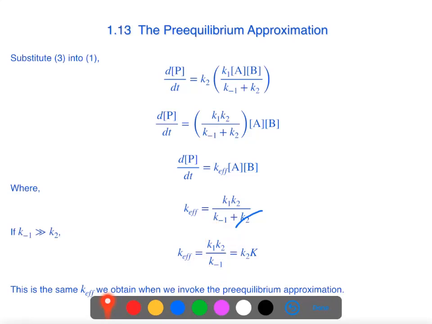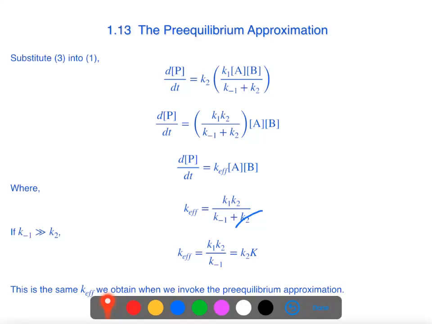So you can use the pre-equilibrium approximation if you have some insight that there is an equilibrium established between reactants and some intermediate. If you don't have that information, you can simply apply the steady state approximation. Yes, you'll end up with a different effective rate constant, but then if you wish to apply the pre-equilibrium condition at this stage, you're going to end up with the same result as we obtained from the pre-equilibrium approximation.